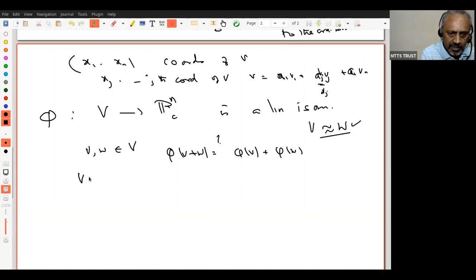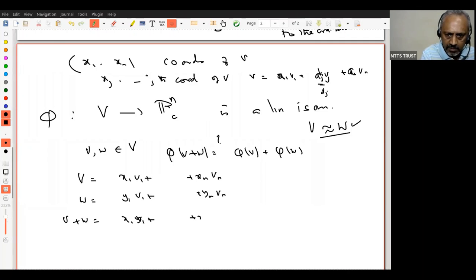Now suppose we write v as x1 v1 plus ... plus xn vn and w as y1 v1 plus ... plus yn vn. Since v equals this and w equals this, therefore v plus w will be the sum of these two things, x1 v1 plus ... plus xn vn plus y1 v1 plus ... plus yn vn.